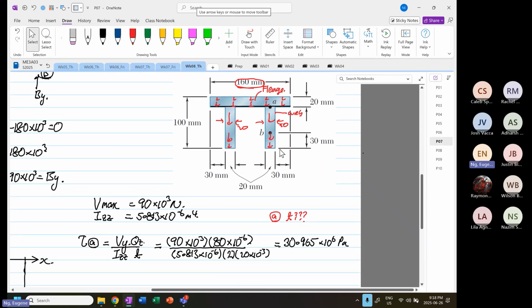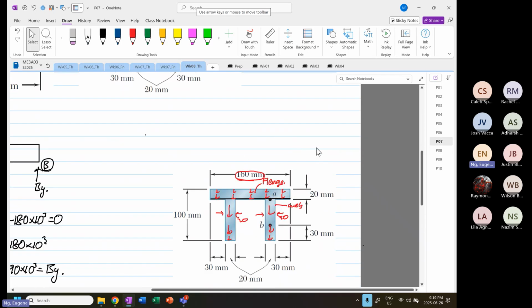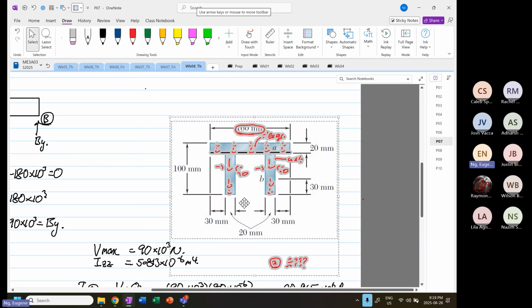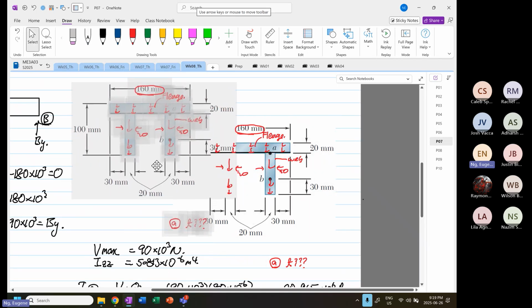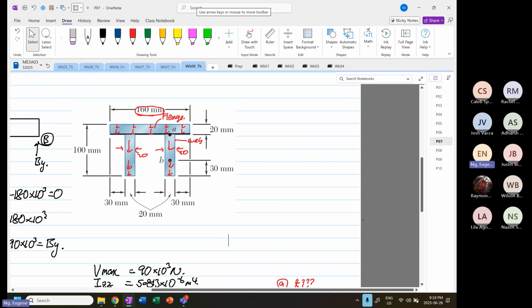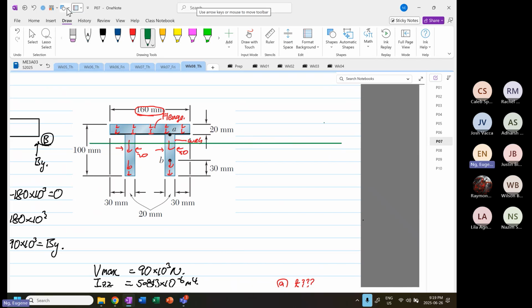Okay. So now, if we were going to sketch, this is just a sketch. Later on, you will know why it looks like this. So if we go to sketch the shear stress, assuming this is the centroid, and then over here, this is our Y value.